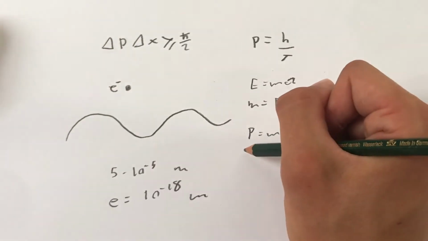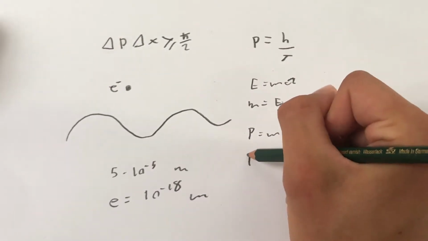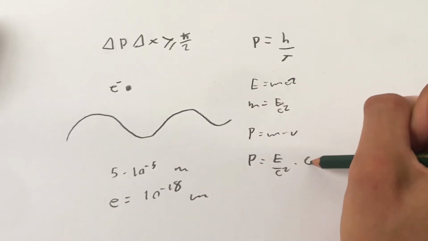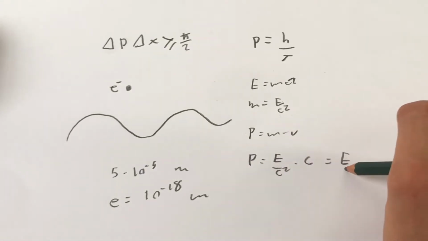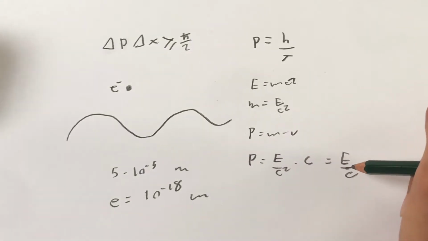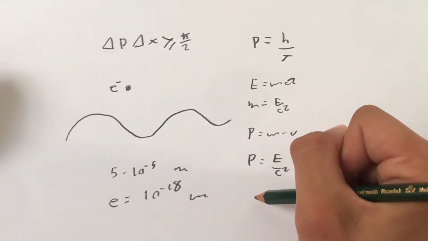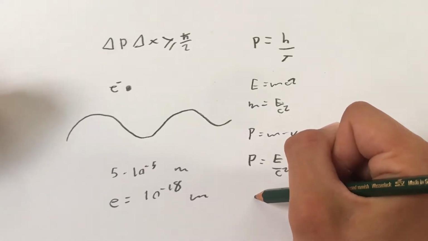So we know that mass can be written in this form instead, E over c squared. So we know that P equals E over c squared multiplied by c, which is the speed of light, of course, which simply is then just E over c. And Einstein described in the photoelectric effect that energy for a photon is quantized and comes in packets of h, Planck's constant.